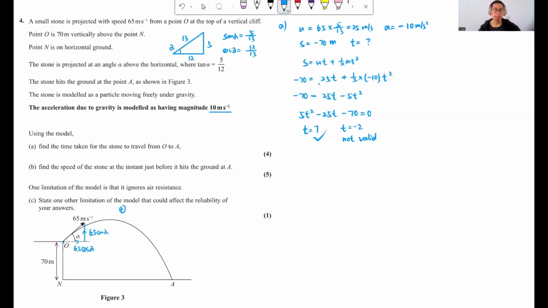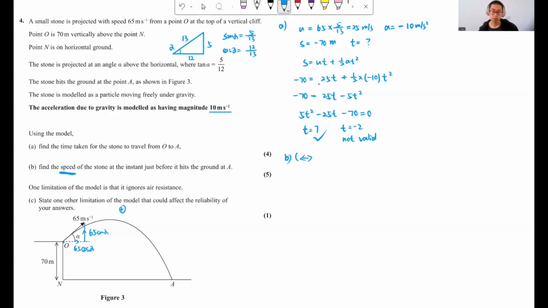Okay, and now we know the time for part B. They want us to find the speed of the stone. Speed is the magnitude of the velocity, and velocity has direction. So you have to use both the horizontal and vertical components, and then do the magnitude to work out the speed. In the horizontal direction, it's very simple because the horizontal velocity never changes.